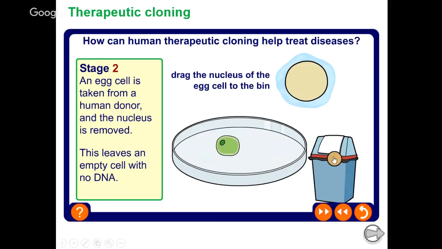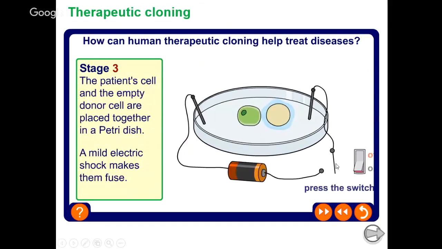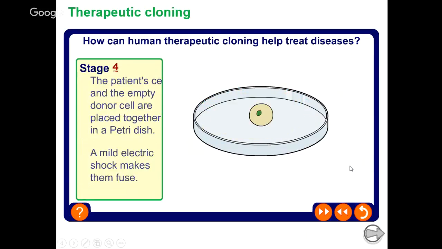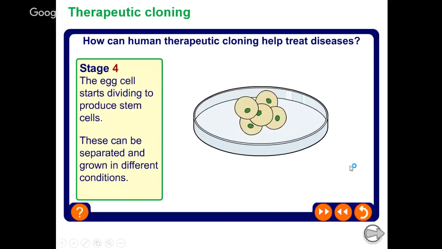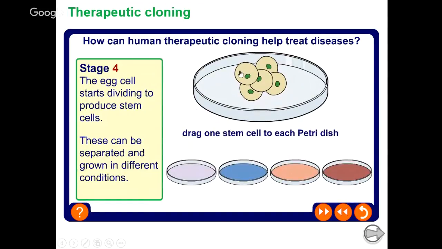We can then get an egg cell. Remember in our Dolly the sheep cloning, where we took an empty egg cell and we added the nucleus of a body cell to it. The egg cell can then divide and produce stem cells, in theory.